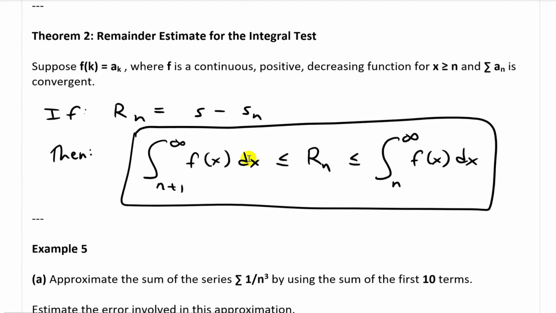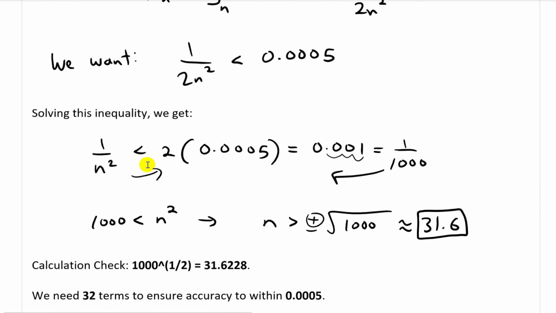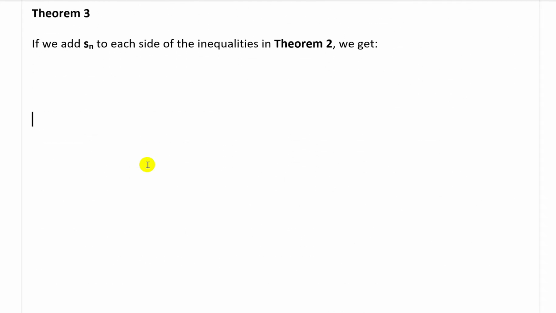So if we add Sn to both of these, notice here, Rn is equal to S minus Sn. If you add Sn to it, this will be S, then plus Sn there, plus Sn there. So what we end up having is Sn plus the integral from n plus 1 to infinity of f of x dx.